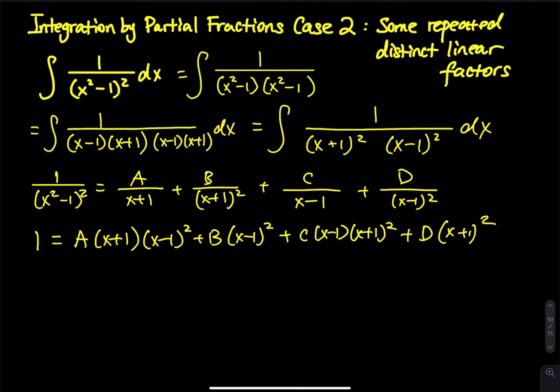So let's try x equals -1. So when x is equal to -1, all the x plus 1 terms will be gone. So we have 1 equals no A, because -1 plus 1 is 0. For B, -1 minus 1 is -2, and -2 squared is equal to 4.